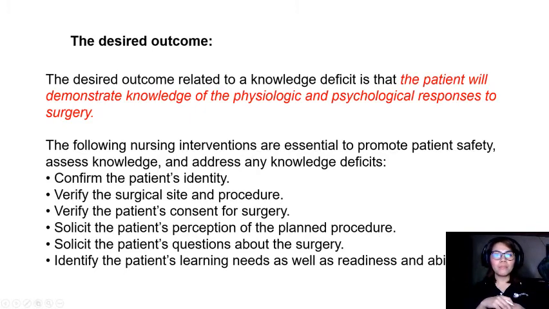And then identify the patient's learning needs as well as readiness and ability to learn. Okay, so if your patient is a child, then you have to talk to the child in a child manner as well. Okay, then of course you need to include the parents or the guardian of the child, if your patient is a child.